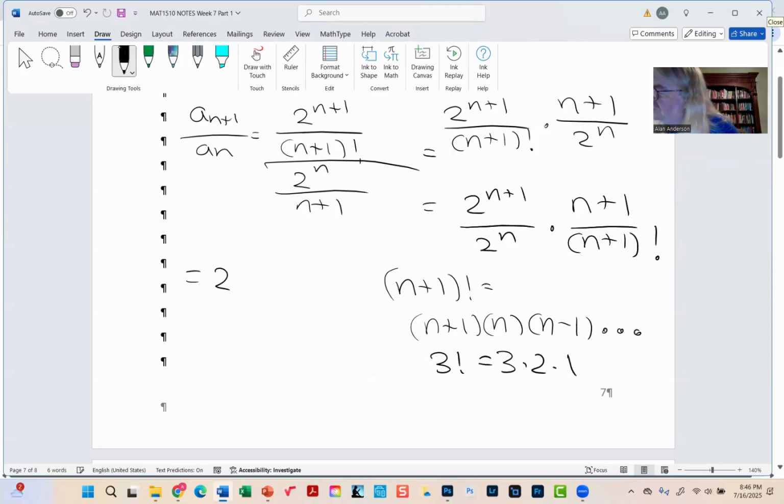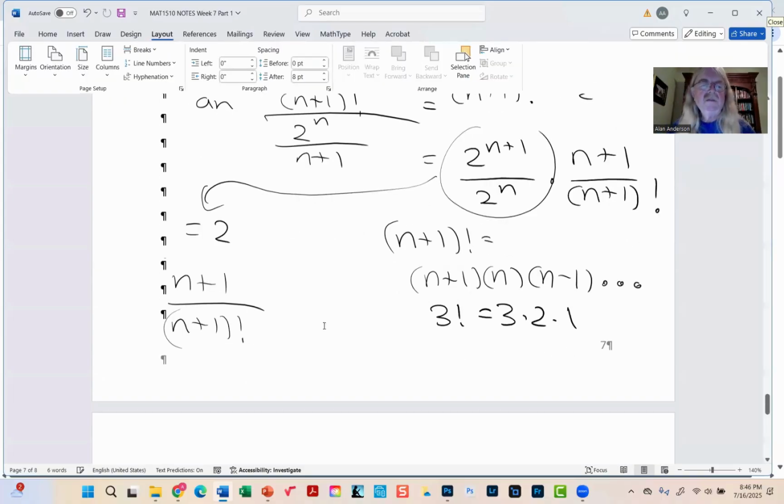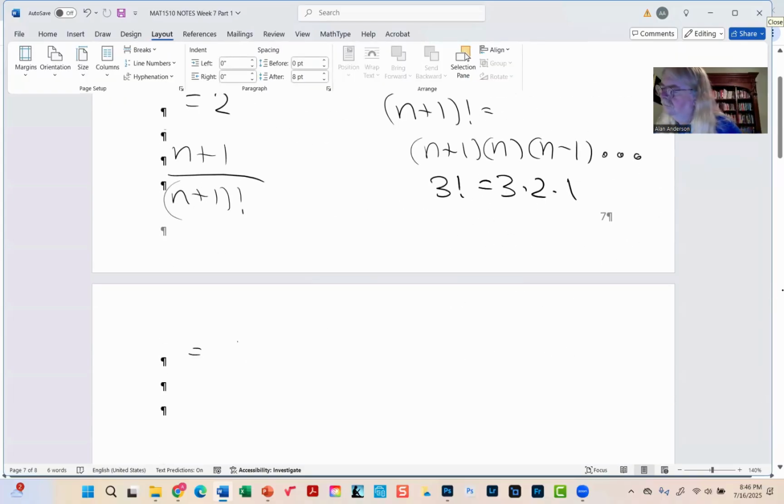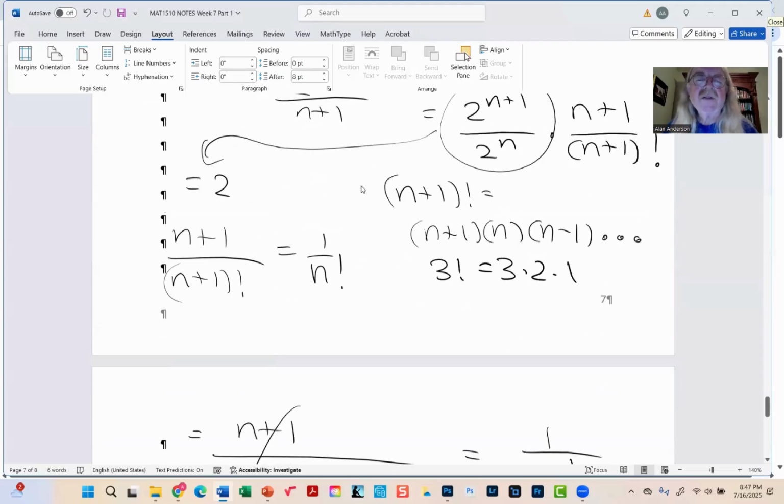So the ratio of these two will be 1 over n factorial. So the ratio then is 2 over n factorial.